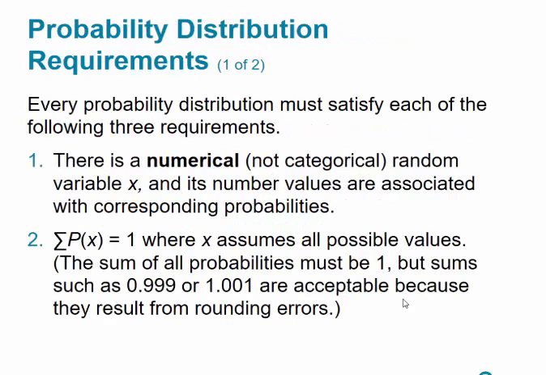There are some requirements in order to have a probability distribution. The first one is that there is a numerical, not categorical, random variable x, and its number of values are associated with corresponding probabilities. Also, the summation of P(x) has to equal 1, where x assumes all possible values. Sometimes the sum does not equal exactly 1, but since we use technology, we don't really have to worry about the rounding errors.